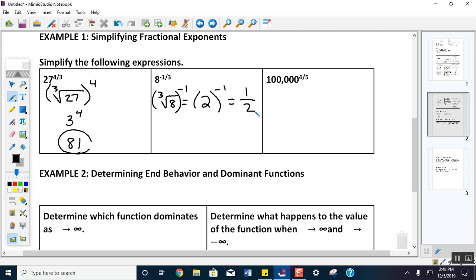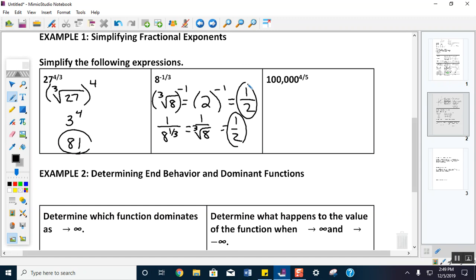Very good. I did mine a little differently. I called this 1 over 8 to the positive 1/3 right off the bat, which meant 1 over the cube root of 8. But either way, where do we end up? 1/2. Excellent.